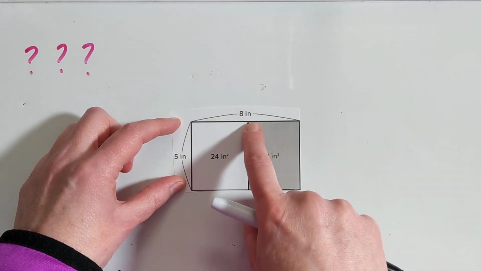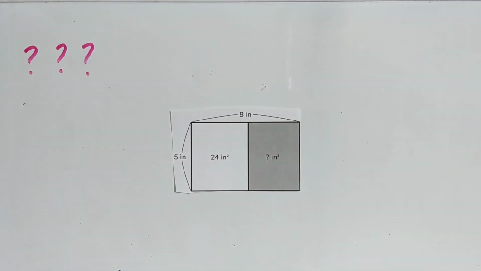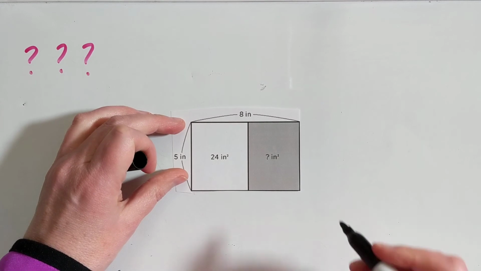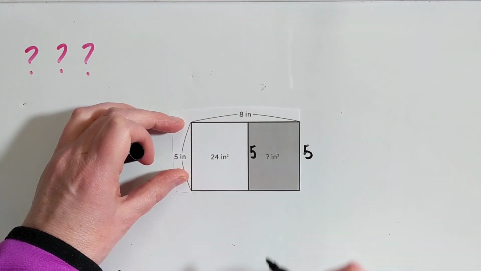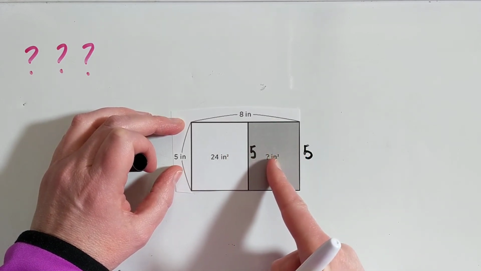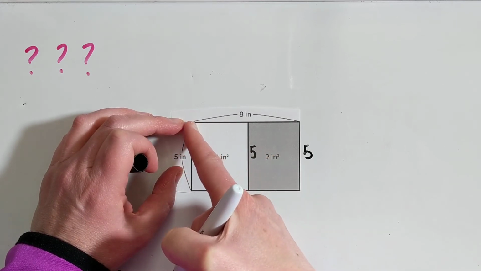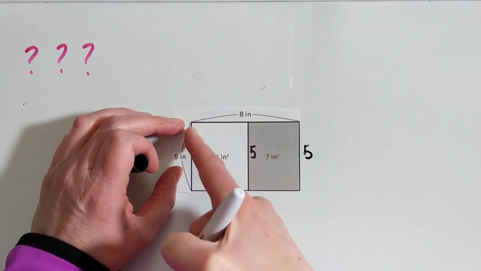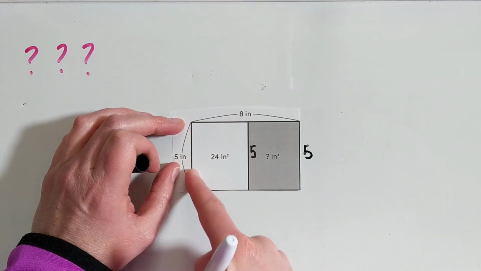I don't actually know the length of this one, but I do know the length of that, so I'm going to write that in to be clear on what that side is. But I don't have this side and I don't have the area. The only piece of information I haven't used yet is this 8, and I know this is 5.